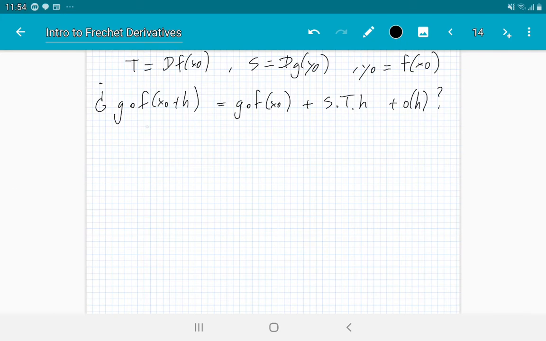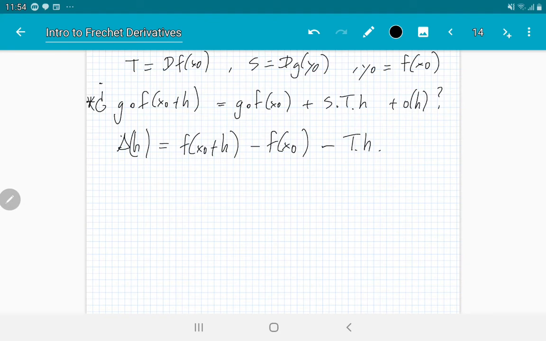Okay, here's what we can write, right? So let me call delta of h, this is what we want, let me call delta of h to be equal to f of x0 plus h minus f of x0 minus the Fréchet derivative t times h.